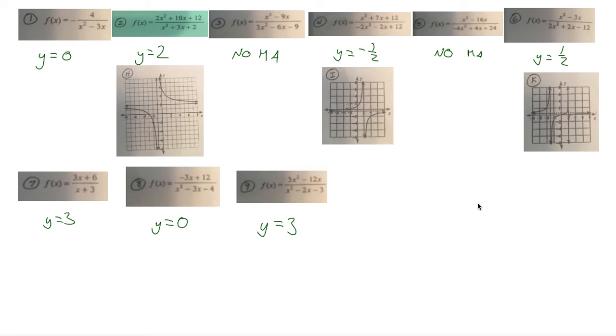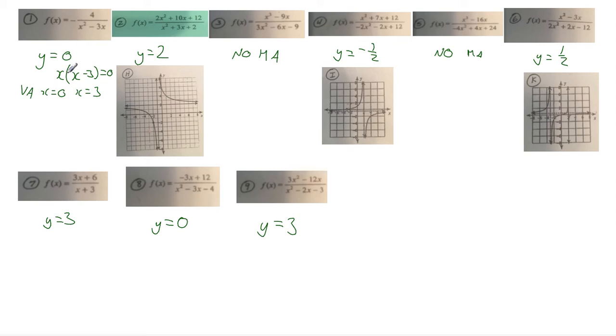Now the other 4 have similar asymptotes, so I'm going to need to find a little bit more. If I look at y equals 0 here, there are no common factors, so I don't need to worry about holes, but for vertical asymptotes, if I set this denominator equal to 0, I have x times (x minus 3) equals 0. That gives me vertical asymptotes at x equals 0 and x equals 3.